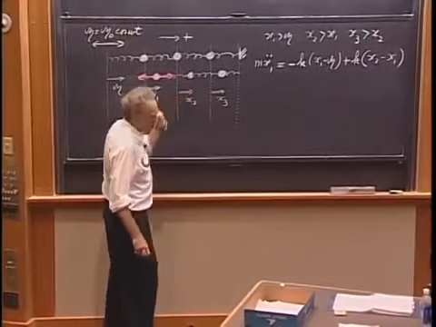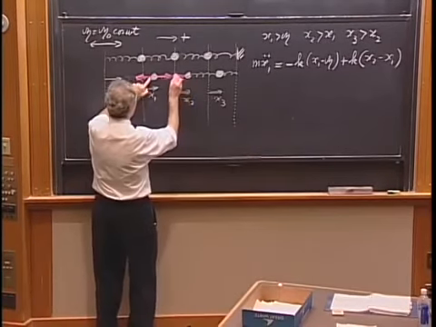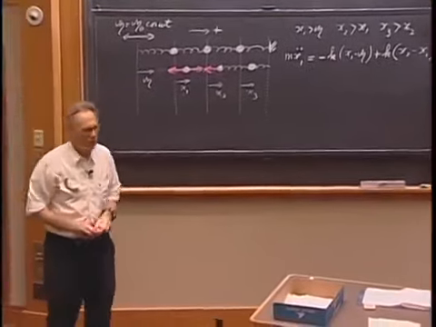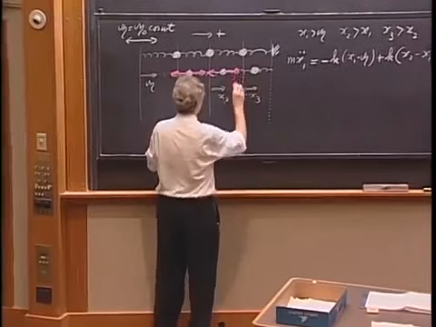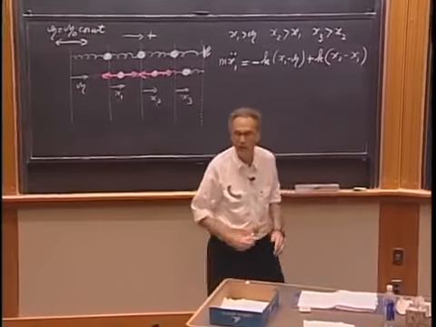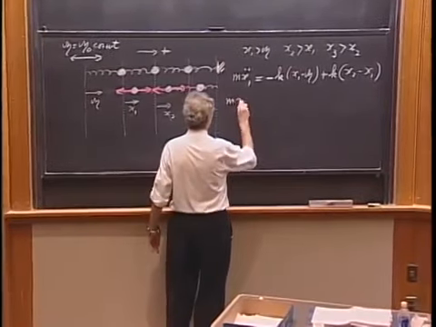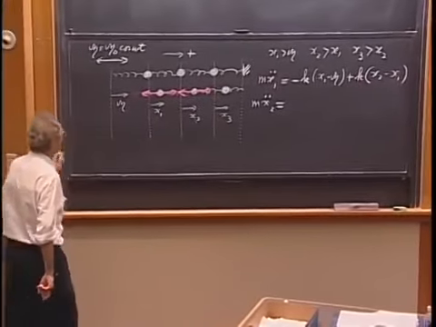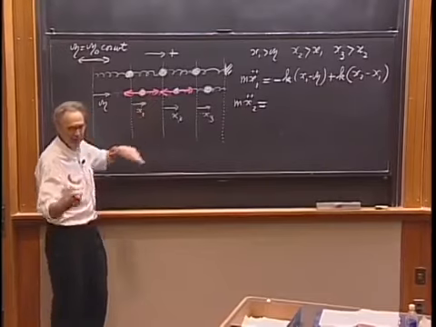So let's now go to this object. If this spring is longer than it wants to be, it wants to contract, so this object will see a force to the left. But if this spring is longer than it wants to be, because x3 is larger than x2, it will experience a force to the right. So I can write down now the differential equation for object number 2. m x2 double dot. Notice that the one that is here to the left is the same one that is here to the right.